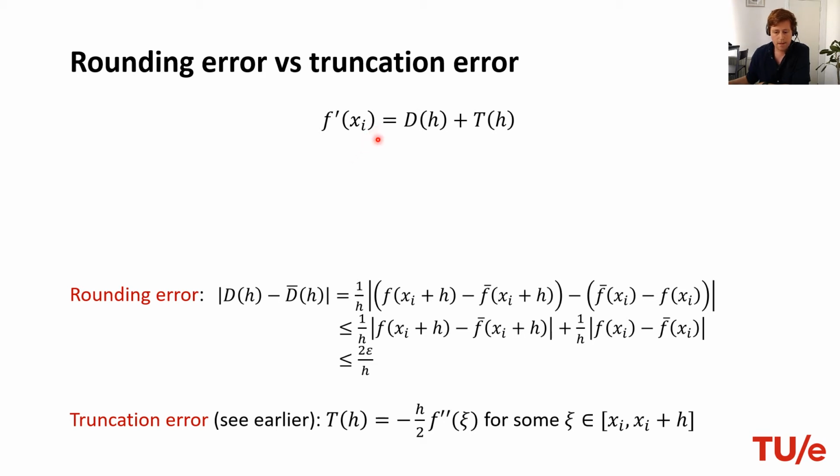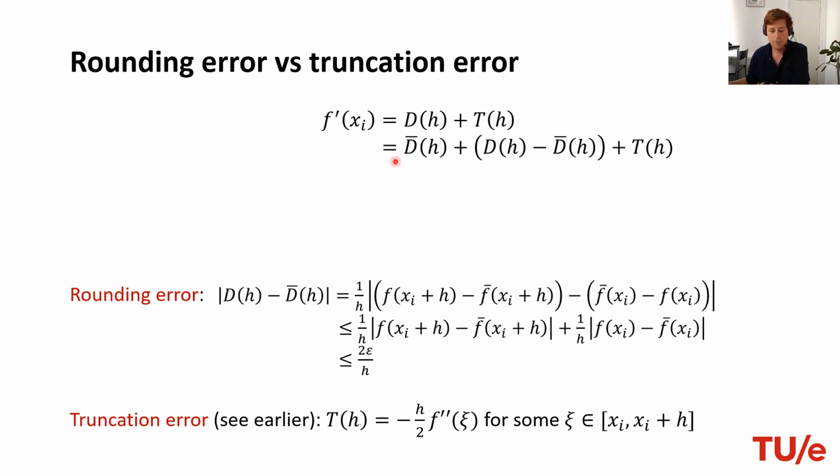So what we can say now, restating our finite difference approximation, is that the derivative is equal to the exact precision, so full precision, finite difference formula plus a truncation error. But we cannot really compute this full precision one. We always have finite precision in our computations.